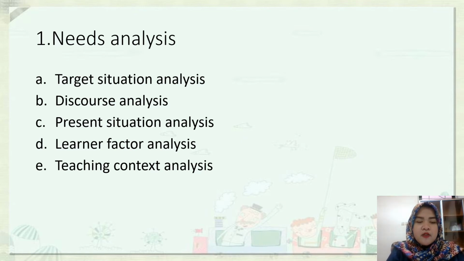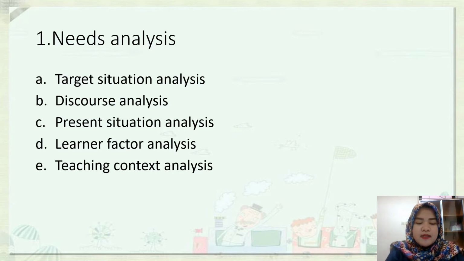Developing materials must begin with a needs analysis in the context of ESP, determining course contents, and devising materials. Okay, the first one is needs analysis. Needs analysis for ESP courses refers to the identification of language and skill issues in determining and refining the content for the course. The ESP teacher or course developers need to conduct a needs analysis process.